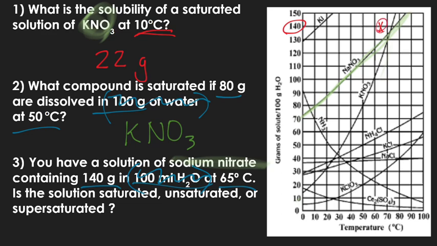But remember, the line that we have here is full. The line is saturated. Am I on the line? No. So that means that I'm definitely not saturated. And so at this point, I'm asking myself, am I unsaturated or supersaturated, under or over the line?